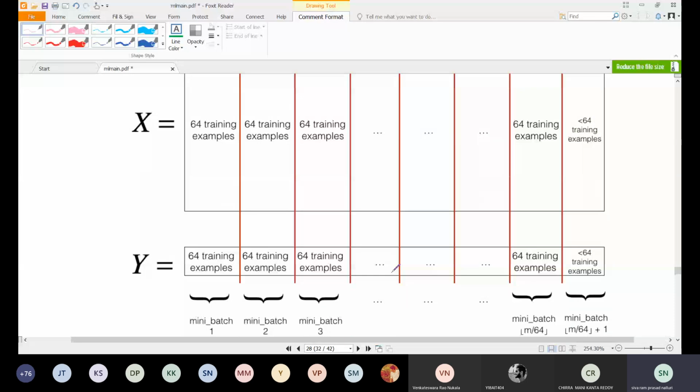సపోజ్ మీ దగ్గర 640 ఎగ్జాంపుల్స్ ఉన్నాయండి. ట్రైనింగ్ సెట్లో 640 ఎగ్జాంపుల్స్ ఉన్నాయి. సో వాట్ ఐ విల్ డూ ఈజ్ I will divide these 640 training examples into a batch of say 64. So this is B1, batch 1, batch 2, so on. 640 divided by 64. ఎన్ని బ్యాచెస్ అవుతాయండి? 10 batches.